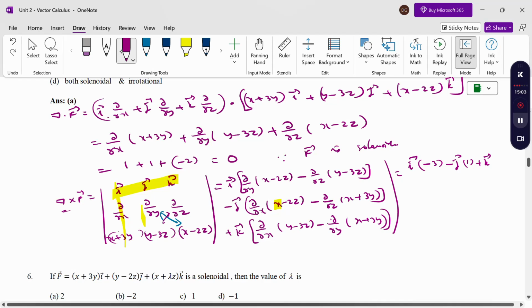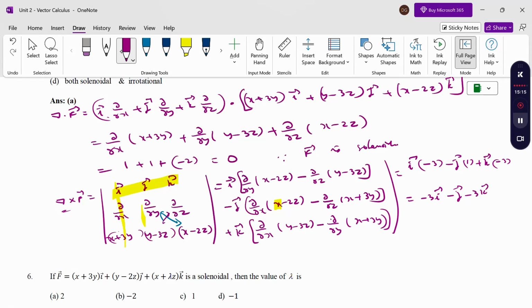Plus k vector, y, the first term 0, then minus 3, therefore minus 3i vector minus j vector minus 3k vector. So this is not 0, therefore f vector is not irrotational.